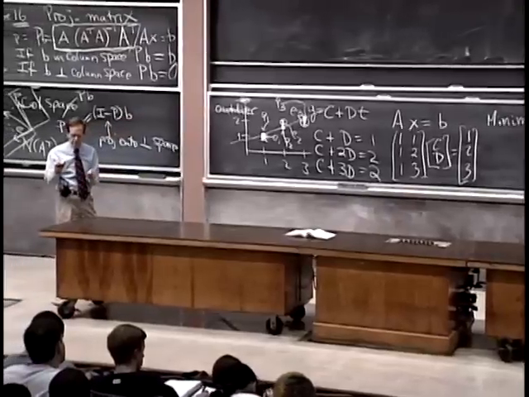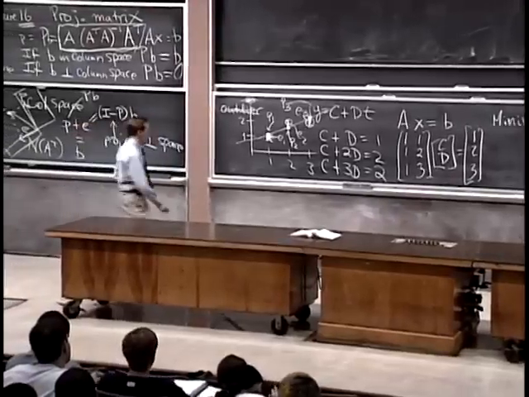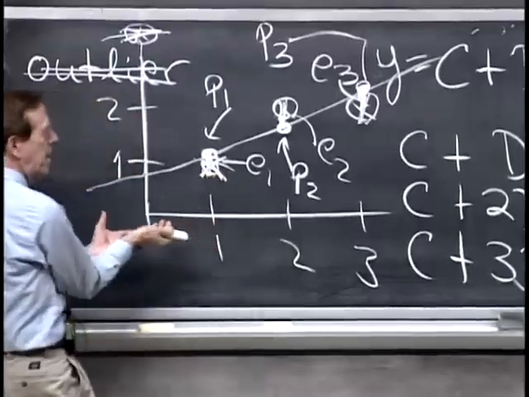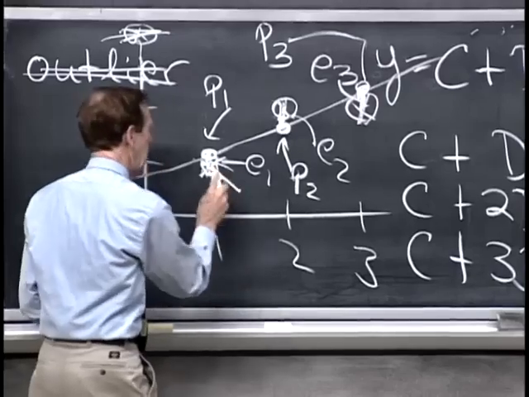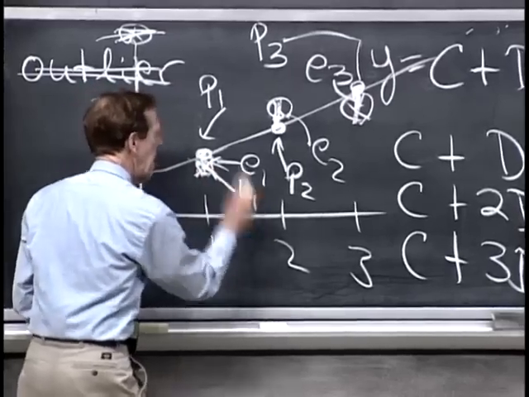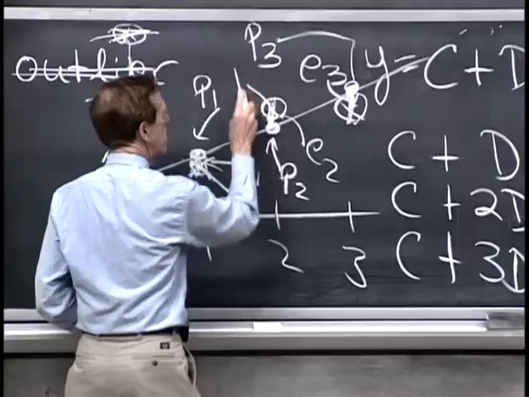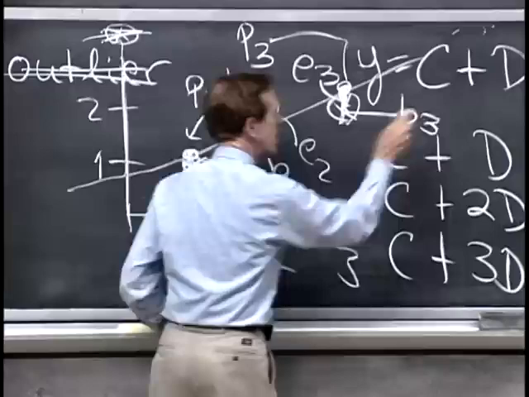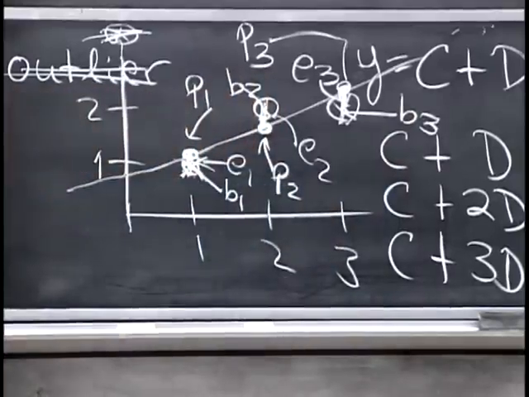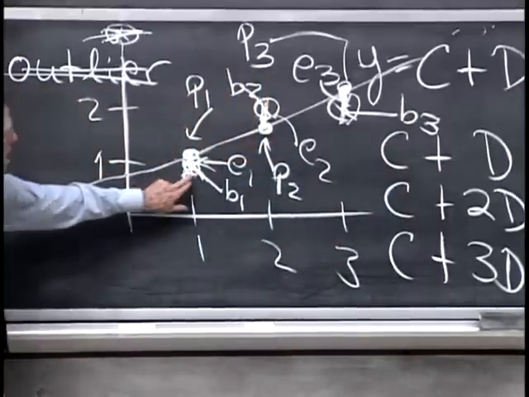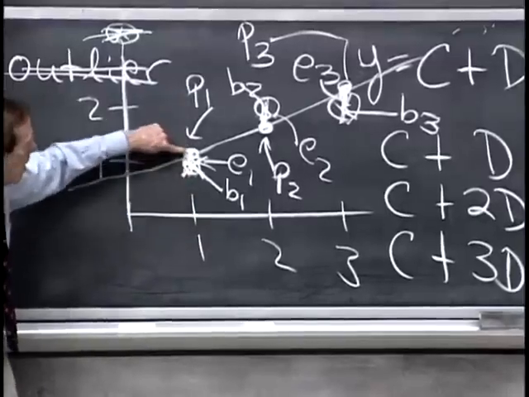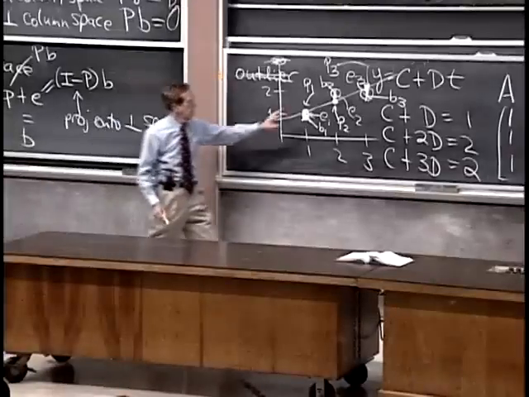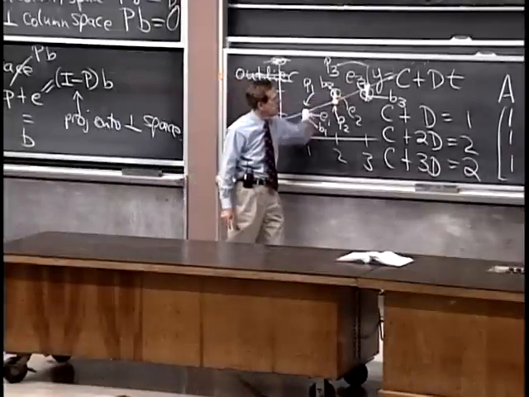There's the given B1, the given B2, and the given B3. Sorry, my art is, as usual, not the greatest. I promise not to put a single letter more on that picture. Okay, there's B1. P1 is the one on the line, and E1 is the distance between. And same at points 2 and 3.